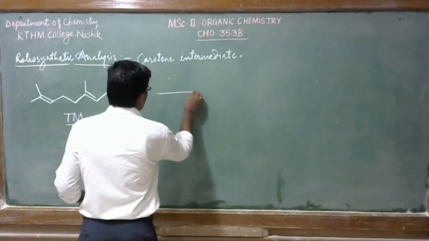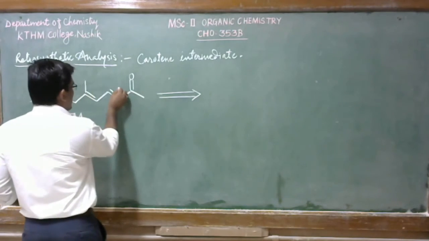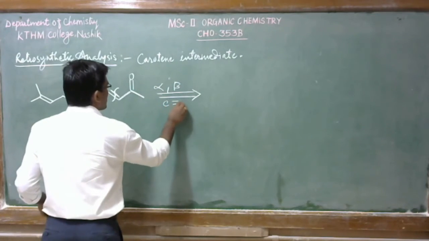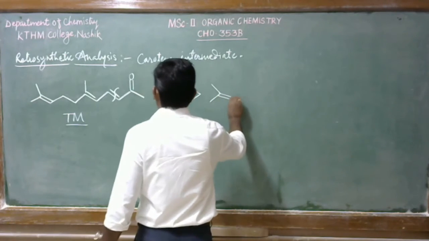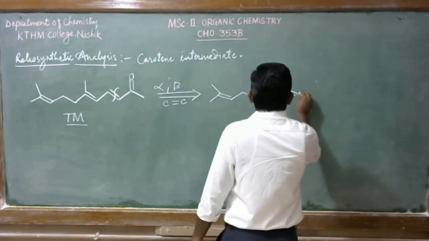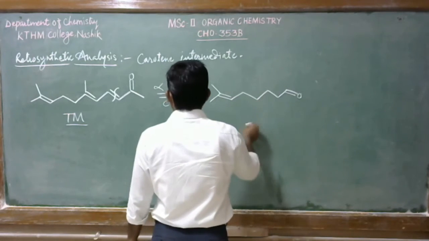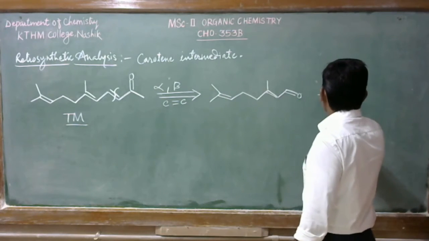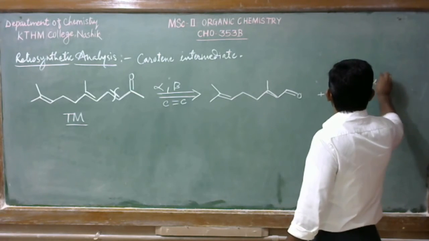So let us put this retrosynthetic arrow. When you cleave this bond, alpha beta cleavage, we would get this one and here this ketone plus this acetone. Okay.